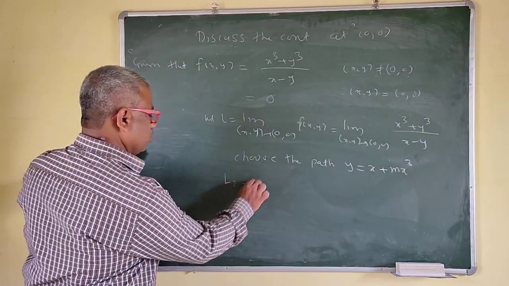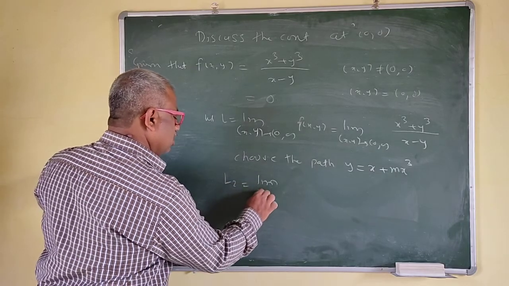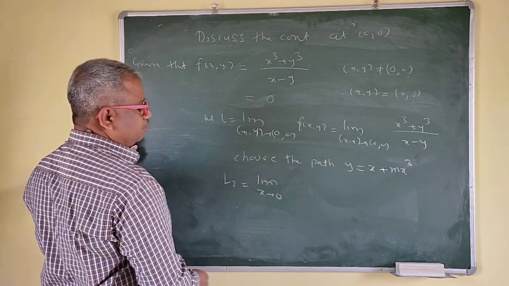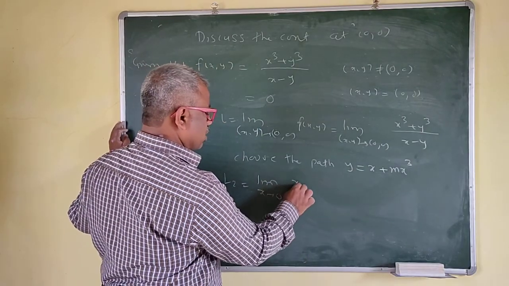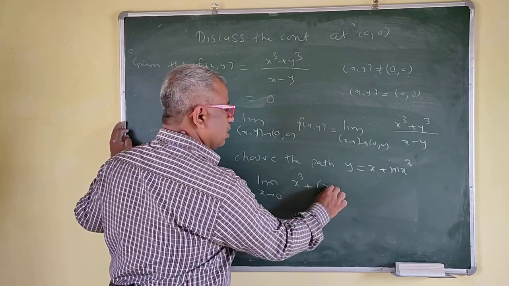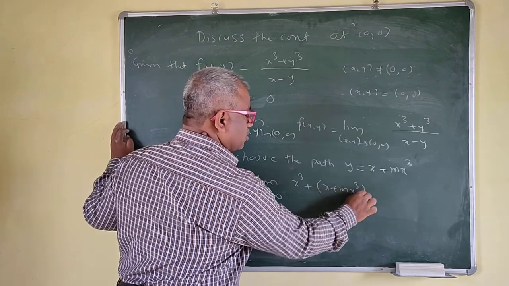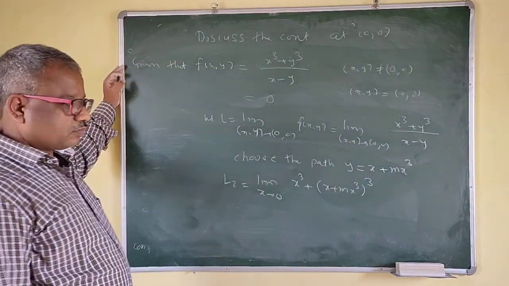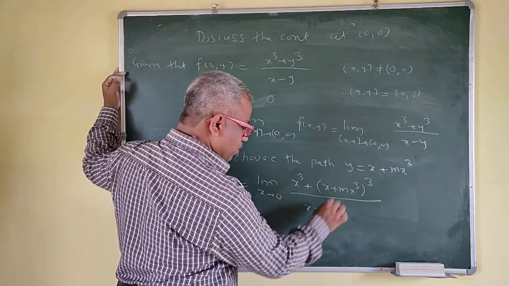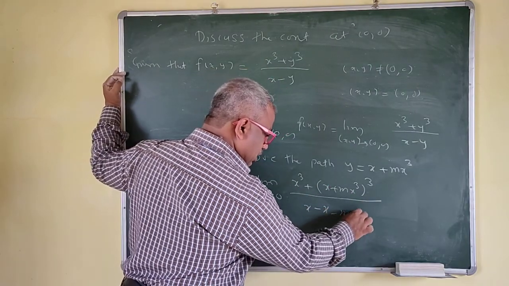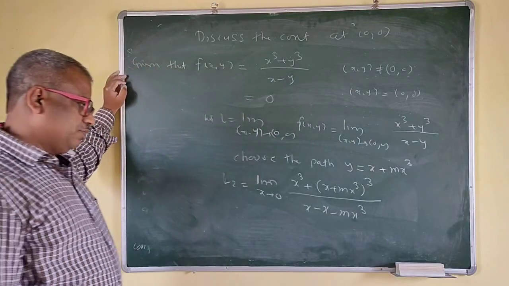Now L2 is equal to limit x tends to 0, right? So you have written the path now. So x tends to 0. So this is what? x cube plus y is what? x plus m x cube, right? Upon x minus y. That means minus x cube now, right?